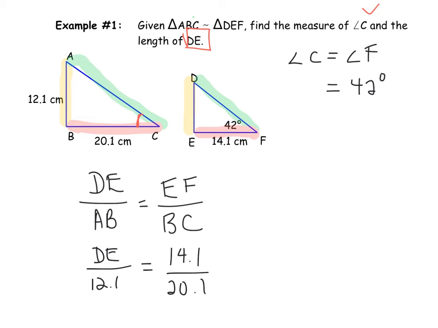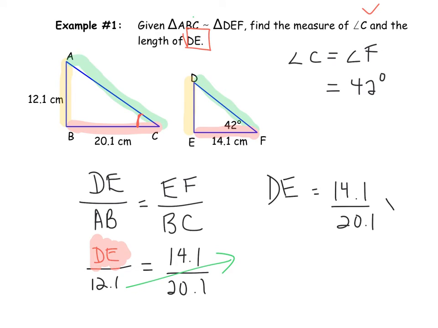And so now all I need to do is just simply isolate DE and solve for it by bringing up the 12.1 and multiplying by it. So DE is going to be equal to 14.1 over 20.1 times 12.1.